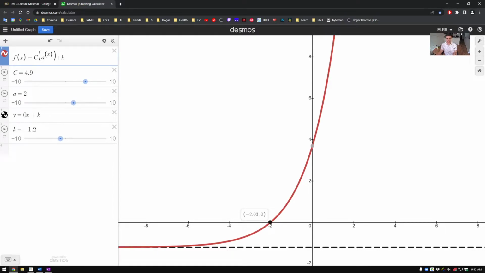Okay, that's important. Normally, if there is no transformation, exponential functions do not have x-intercepts unless we move down. We do a transformation where we move down the function. So now we are getting an x-intercept. Okay, and you can see that our asymptote moved as well with the value of k.